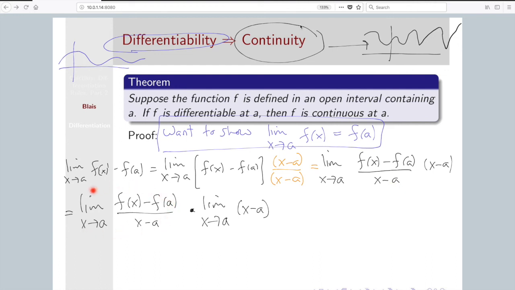And this expression here is another way of writing f prime of x. And you can think of that by, if you look at the picture, think of this x minus a as your h.